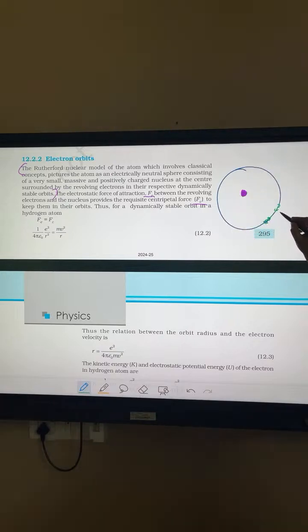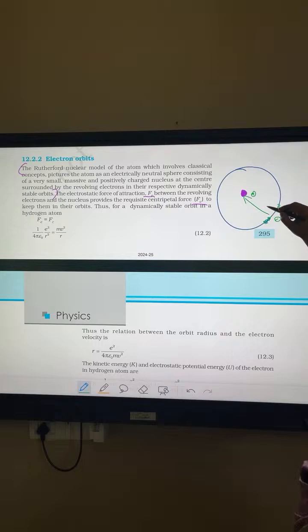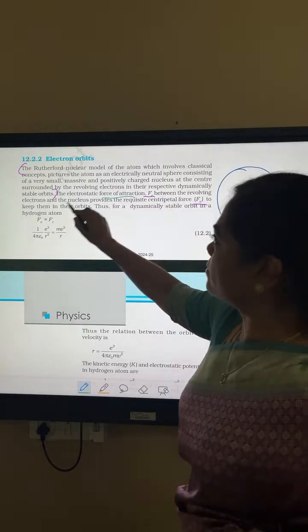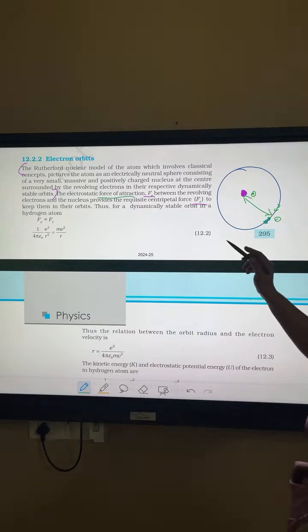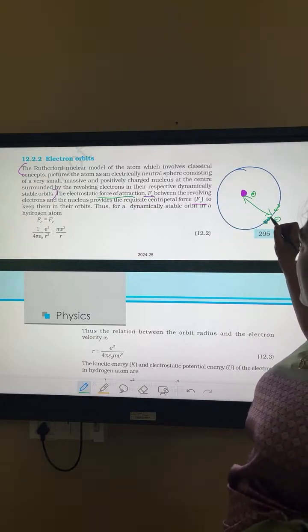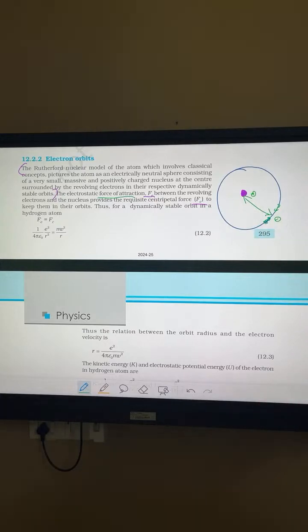It experiences a positive charge here and a negative charge here, so it experiences a force of attraction, a nuclear force of attraction. From where to where is this force of attraction experienced?